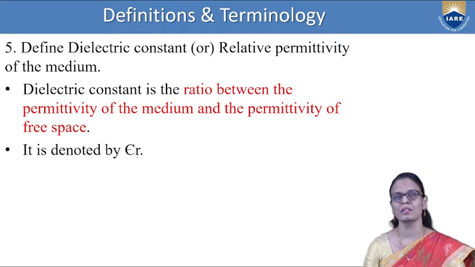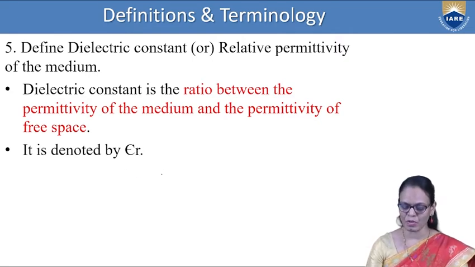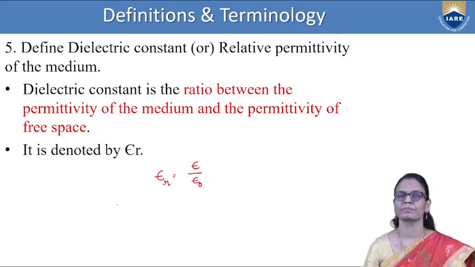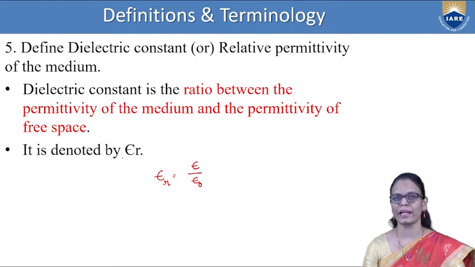It denotes the relative permittivity. So, how do we write it? Epsilon r is epsilon upon epsilon naught, denoting the relative permittivity or the dielectric constant.